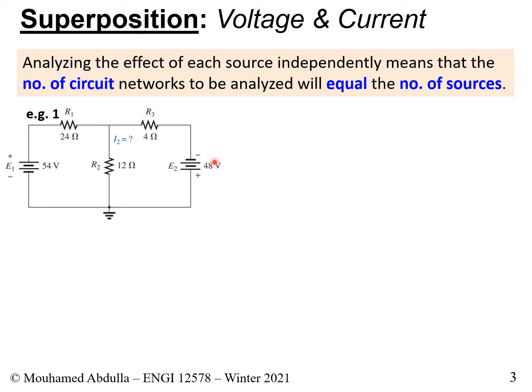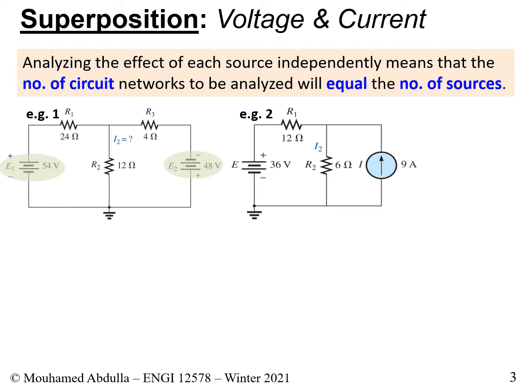But the question is, how many circuits do you need to analyze? The number of circuits that you need to analyze is always equal to the number of sources in your circuit. If you look at this example, how many sources do we have? We have one voltage source here and another voltage source here. So in essence, we have two sources, and therefore we need to analyze two circuits.